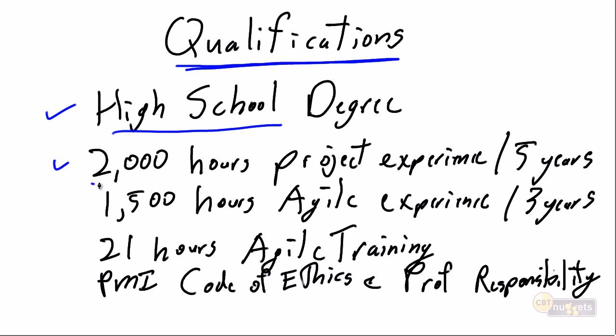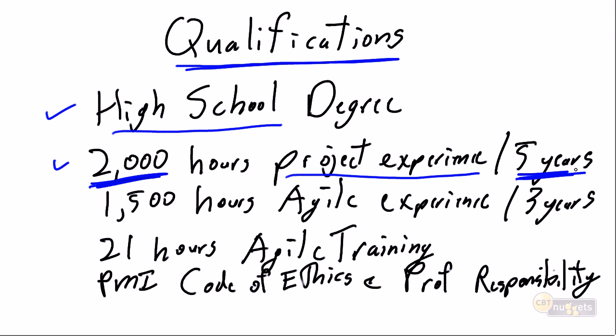PMI expects that you have 2,000 hours of project management experience. Not Agile experience, but independent project experience in any environment. Could be traditional environment, could be Agile environment, could be any of the Agile approaches, but that you have auditable 2,000 hours of project experience, and that you have completed this within the last 5 years.